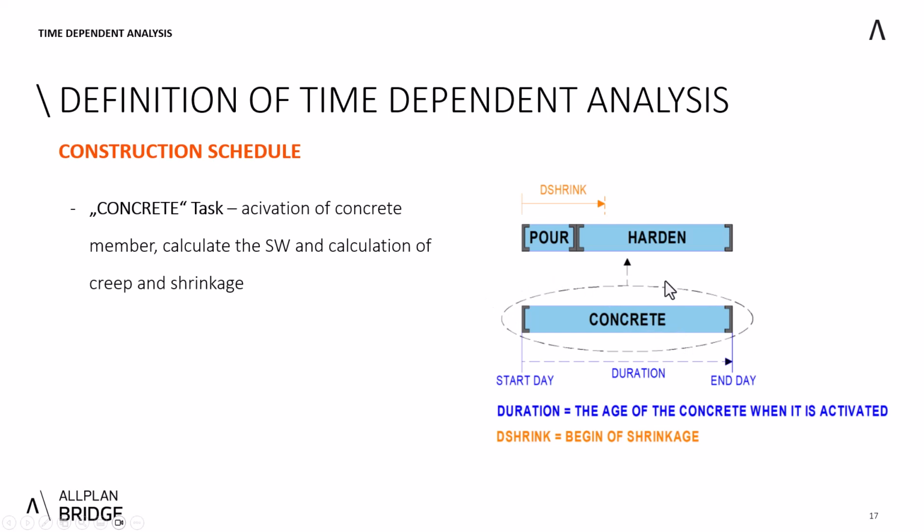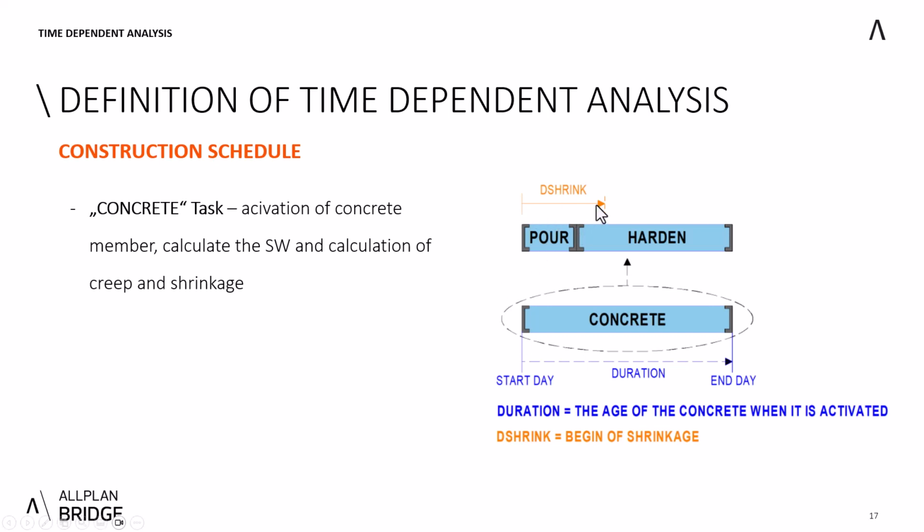Basically, the concrete task is a container, and inside it hides 2 more tasks. So this is pour and hardening of concrete. It comes with some parameters that we need to set. So we either set the start and end date, or we set the start date and duration, and then the end date is automatically calculated.